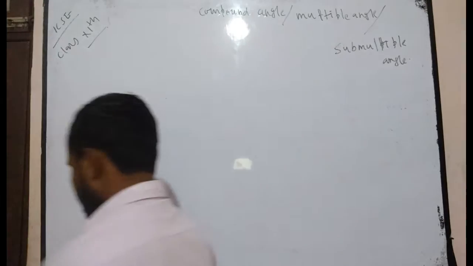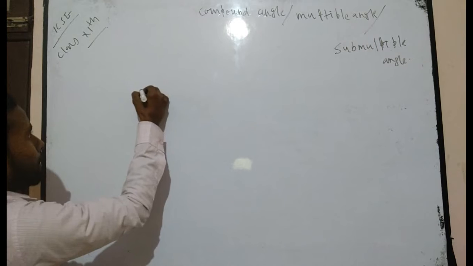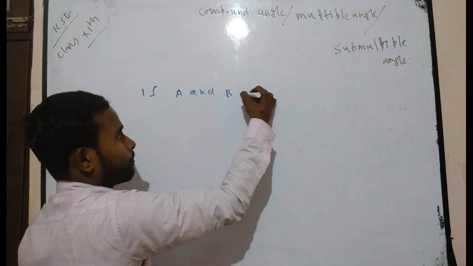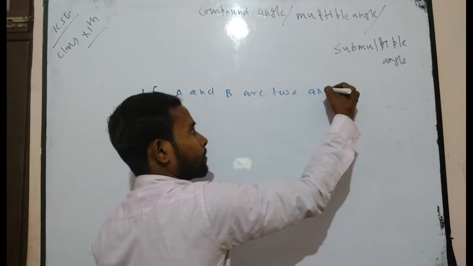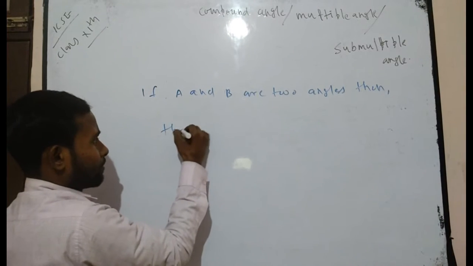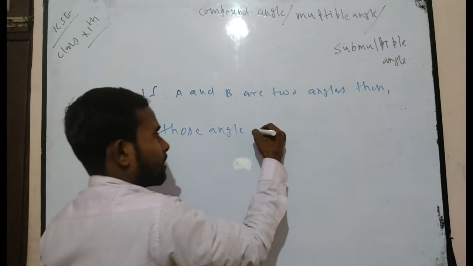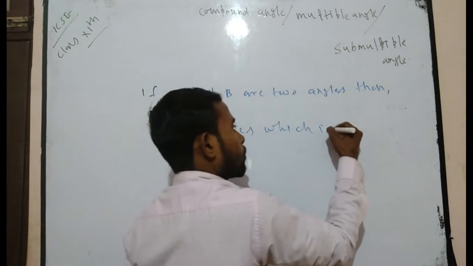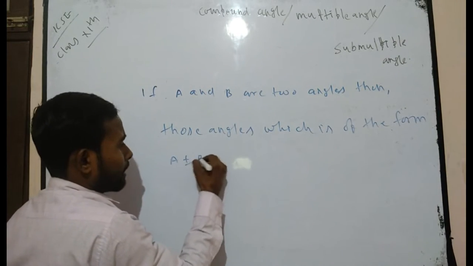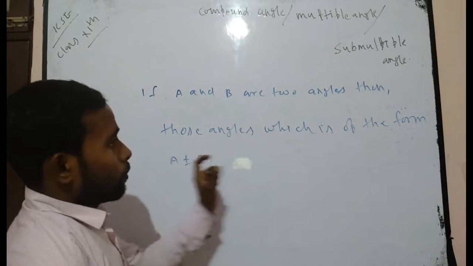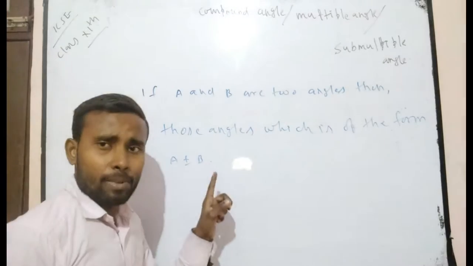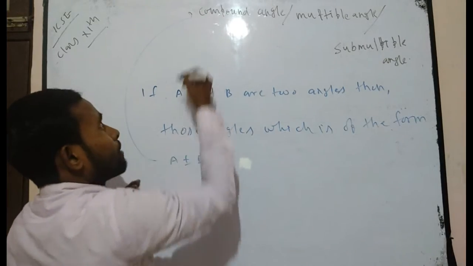Suppose that if A and B are two angles, then those angles which are of the form A plus minus B. That means if given angle is of the form A plus B or A minus B, then this angle gives compound angle.